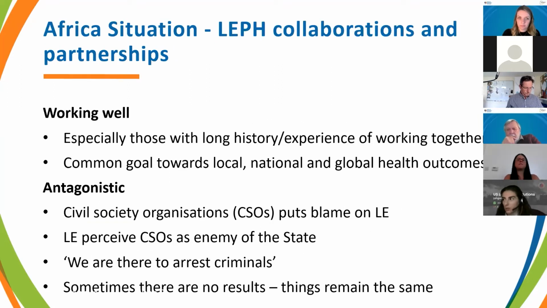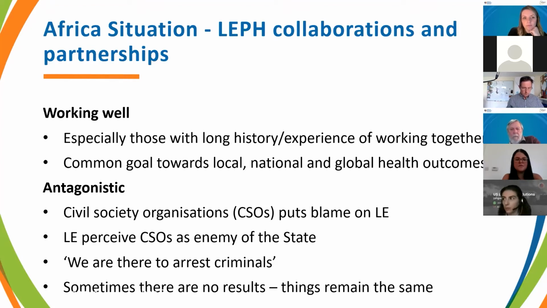Whether it's working well, we have seen that there are some collaborations or partnerships that are working very well. But this also depends on the long history and experience of those partners in working together. We've also seen that those that work very well either have a common goal to achieve within their local communities at national level, or want to achieve global health outcomes.